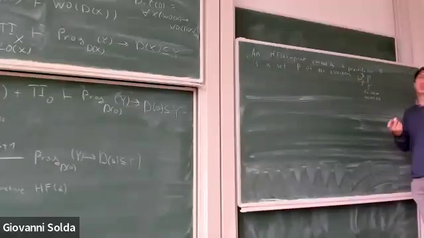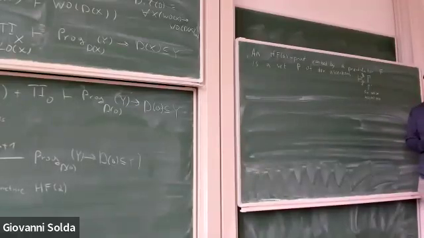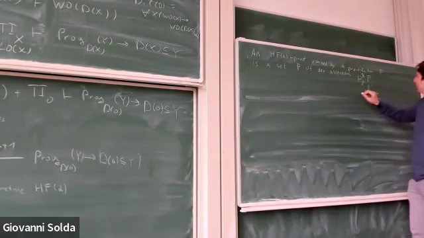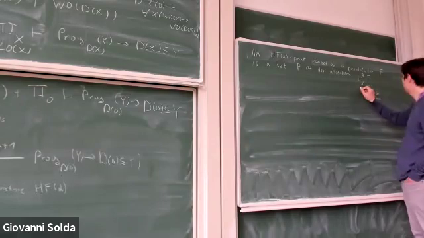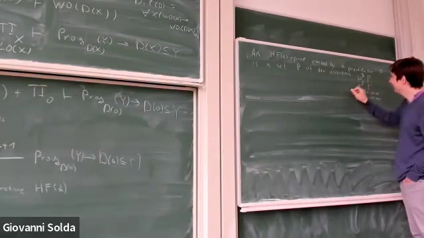Which basically means that sentences are in the language of KPU with additional predicates, where we can actually use constants from HF. Okay, and so gamma is fine. So rho is simply a natural number.